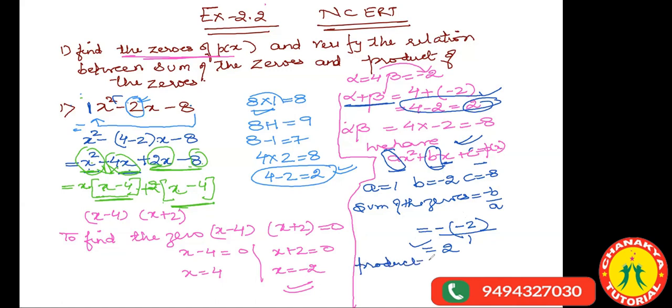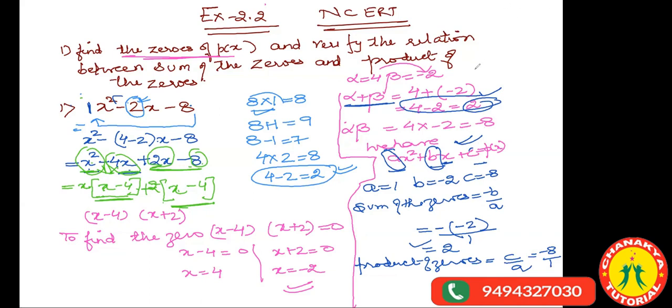Now product of the zeros. Product of the zeros means C by A. Now value of C is here minus 8 and value of A is 1. So therefore answer will be minus 8. Clear?